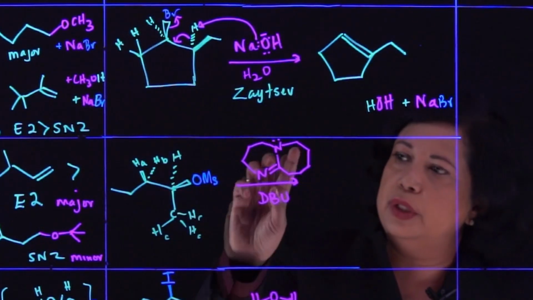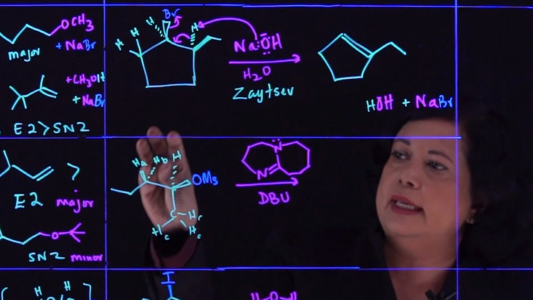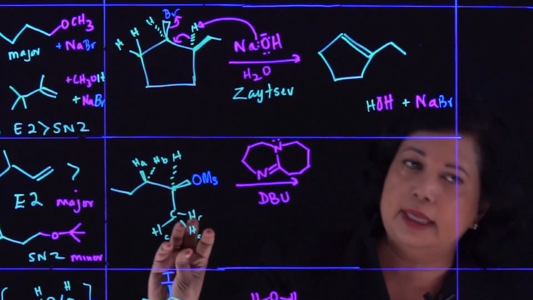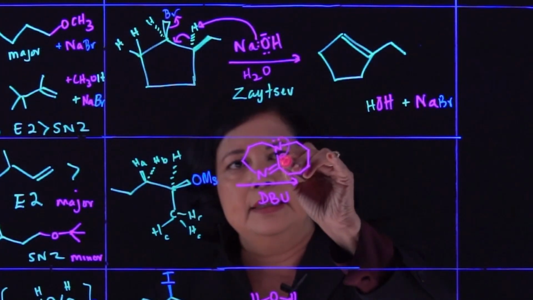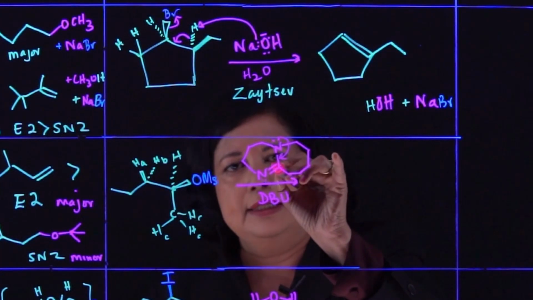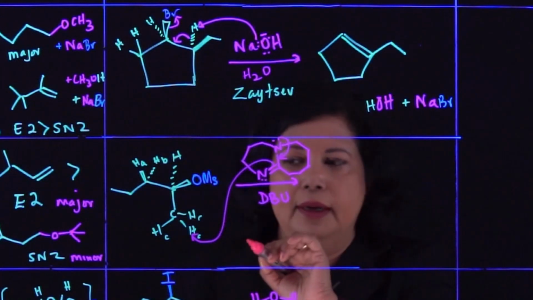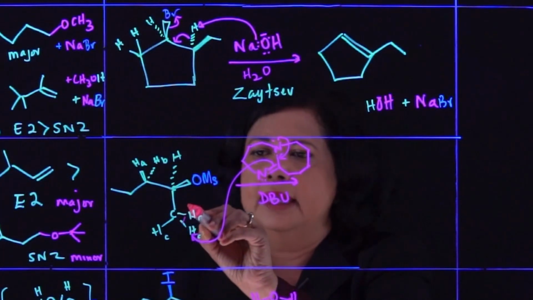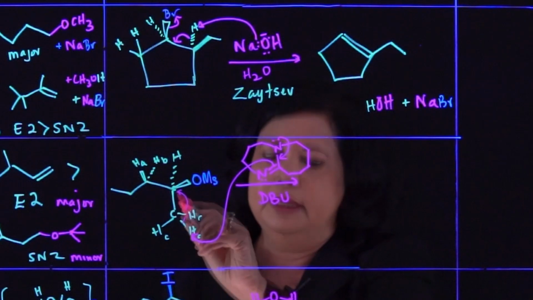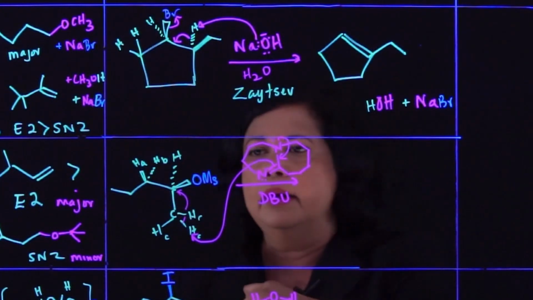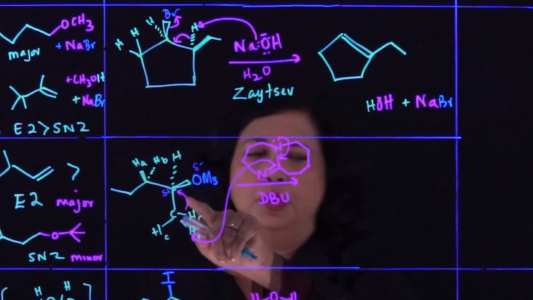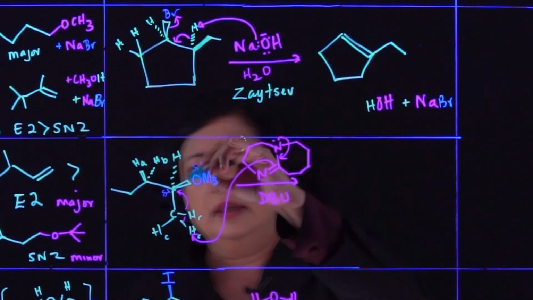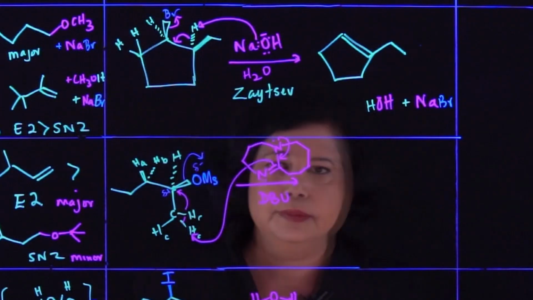So the base here is so bulky, it cannot get in here. It can only get in here. So the major would be taking this base and taking this lone pair and deprotonating it. And that's going to run into this carbon because that has a polar bond. This is a delta minus, delta plus, but that's too many electrons for it, so it's got to kick this out.